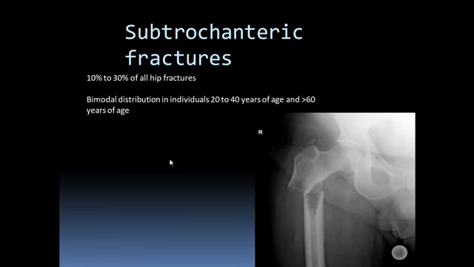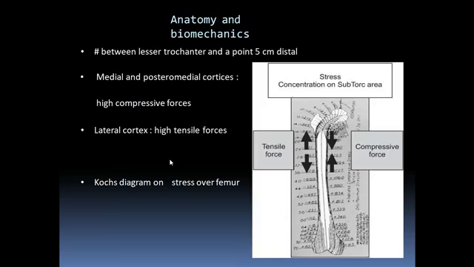Other topic is subtrochanteric fracture, which is part of the proximal femoral fractures. 10 to 30% of all hip fractures are subtrochanteric fractures. There is a bimodal distribution, in old age and also in young cases. And anatomy: fracture between the lesser trochanter and within 5 centimeters distal to the lesser trochanter.